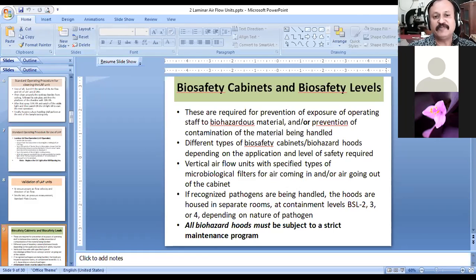So the bench surface must be smooth, it should be polished, and it should also be very easy to clean the surface. And not only that, but if you are having instruments or certain material placed on the bench, then it should be easy to clean between the instruments.